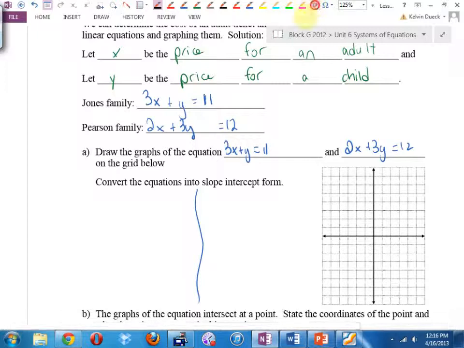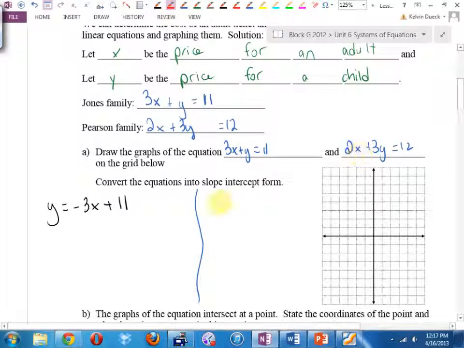You just wrote a test on this. How would I get the y by itself here? Minus 3x. In fact, I think it's going to be y equals -3x plus 11. How would I rewrite the second equation?